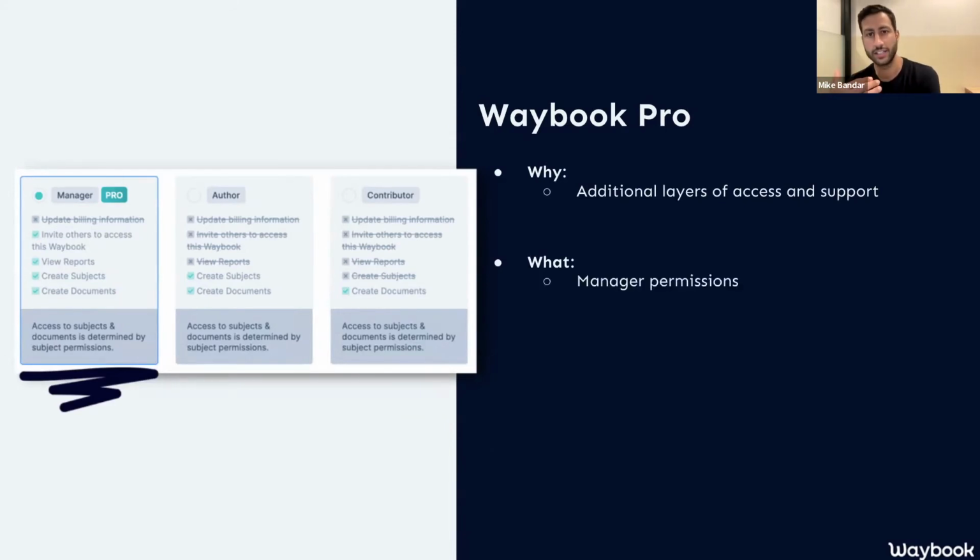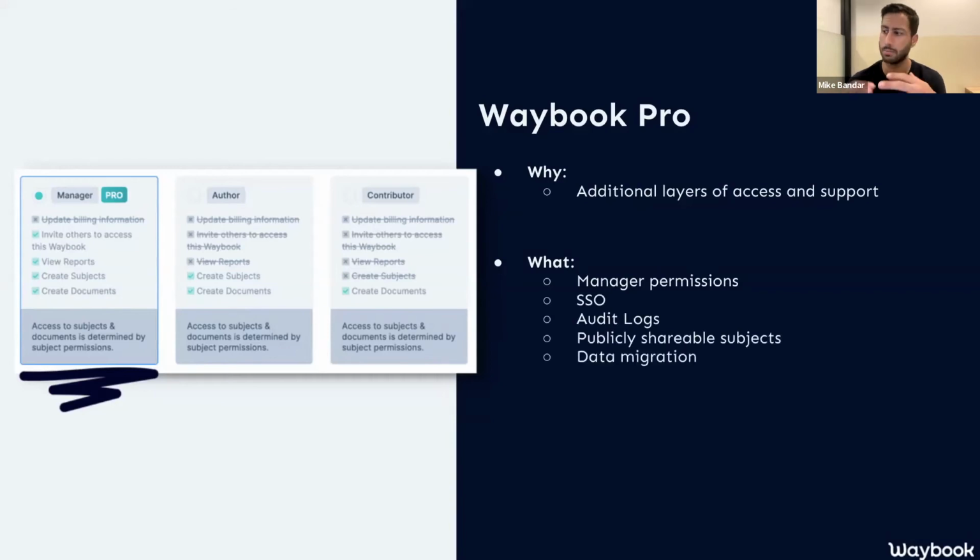So this lies across a few different additional features, one of which I'll explore today, is the manager permission. And I'll come back to that very briefly. But there's also things like single sign-on, audit logs, publicly shareable subjects, more data migration, and also priority support.